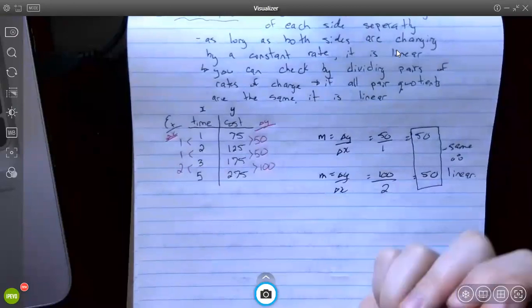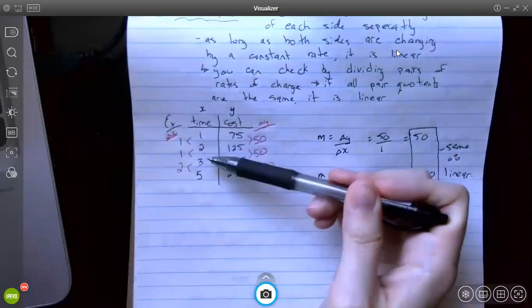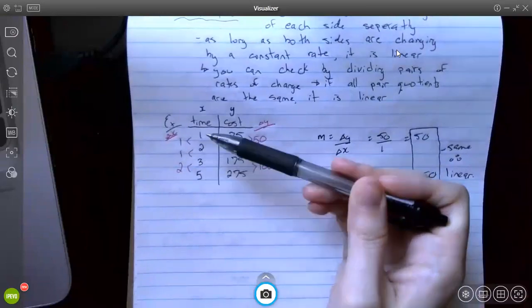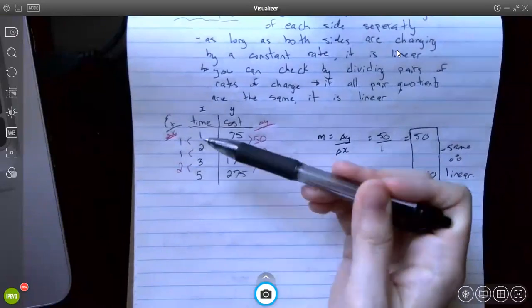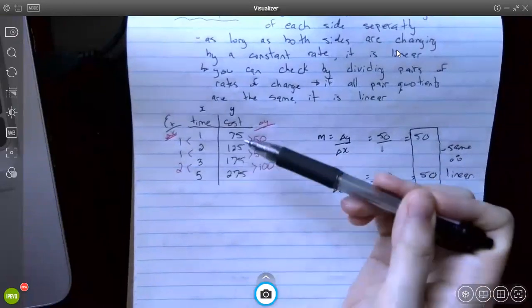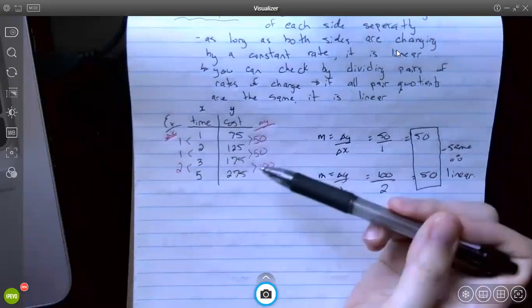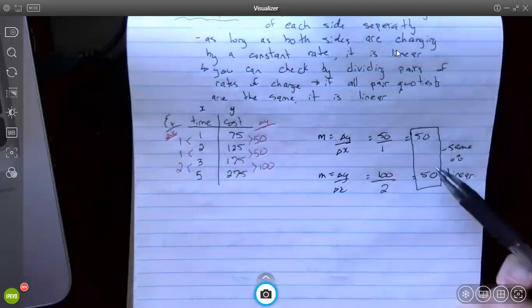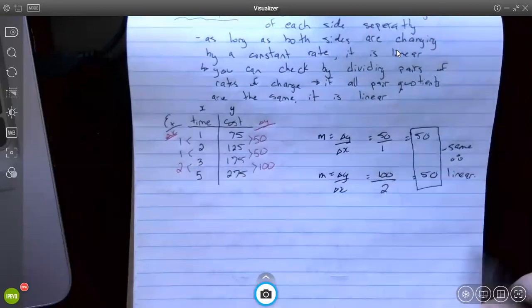If our X side had done 1, 2, 3, 4, and had just maintained a rate of change of 1 the entire time, and our Y's still looked like this, then when I divided 100 by 1, I would have a different rate of change, and that would mean this is not linear. Okay.